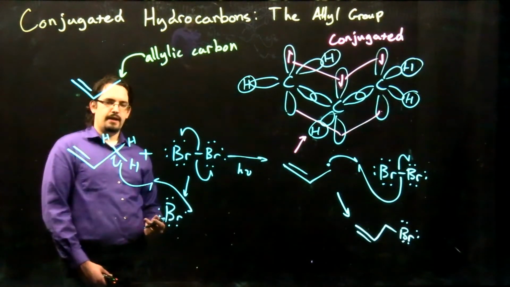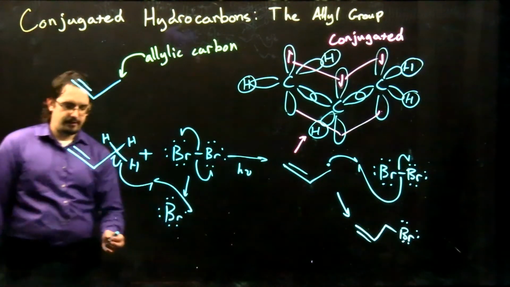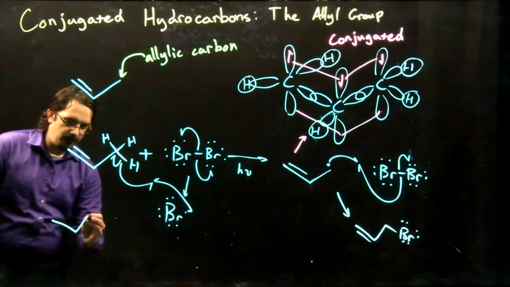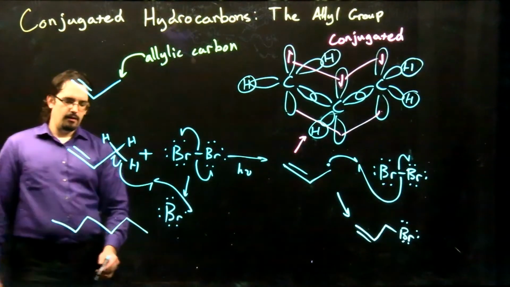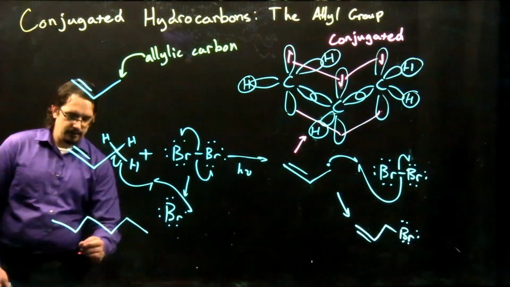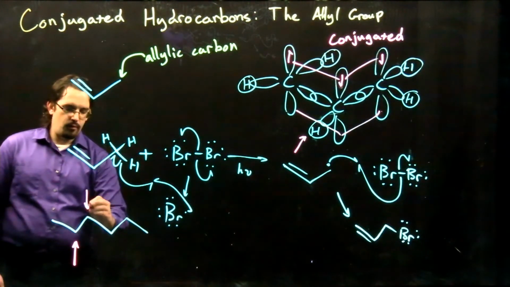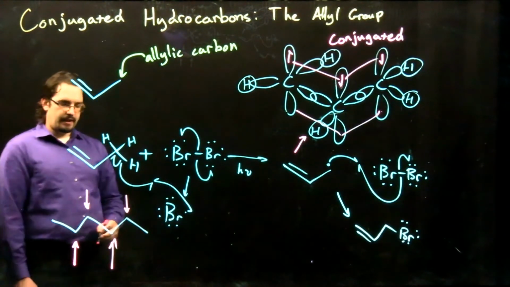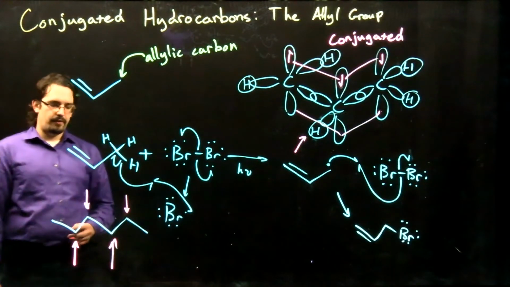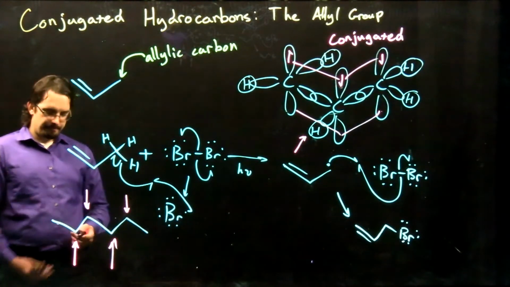You can have multiple sites where they might want to react. Right, so we talked about before with hexane, we have multiple identical sites where we could add on our halogen. Right, our halogen prefers more substituted sites, but we have 4 sites here with equal substitution.